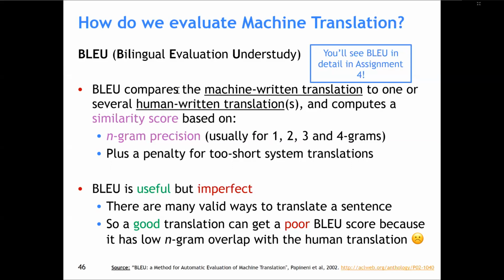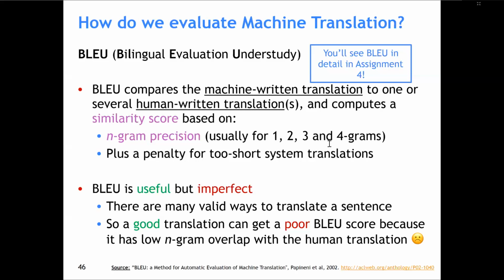So these 2 words go together, the next 2 words go together, and so on. So you can compute the precision at 1, 2, 3, 4 grams, and then you can do a kind of accumulated average to put them all together to get to one score. Right, so this is 1, 2, 3, 4 gram based accuracy.